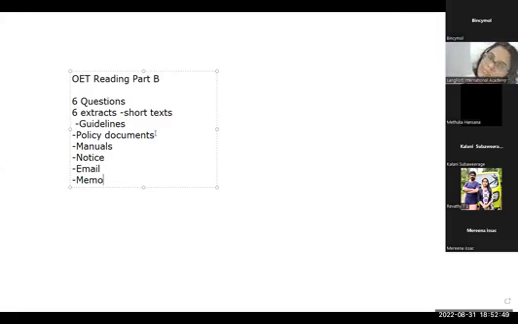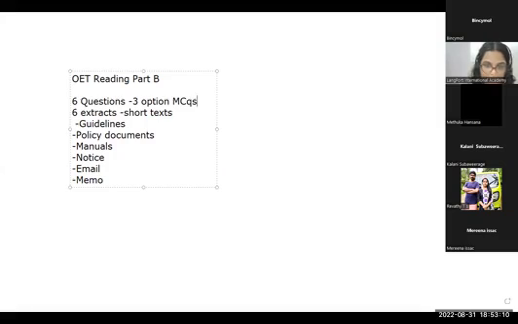So these are the 6 different types of extracts that you get in OET reading part B. Based on each extract, you will have 1 question, and in total 6 questions. And your questions will be 3 option MCQs.